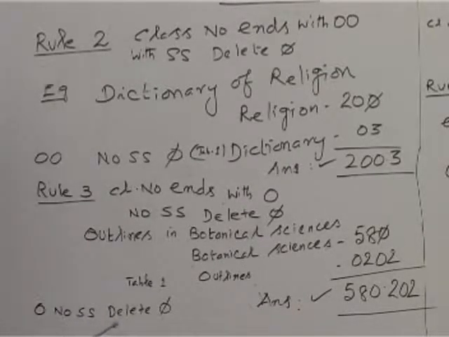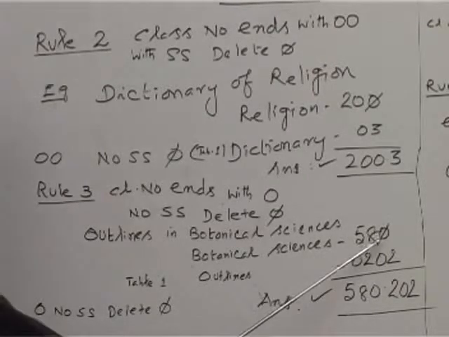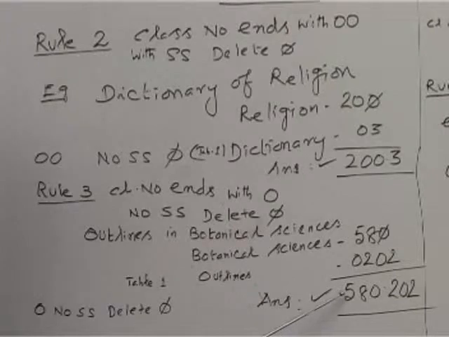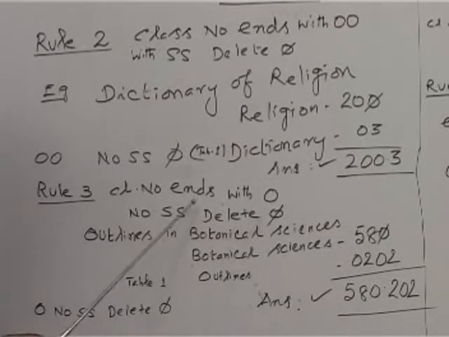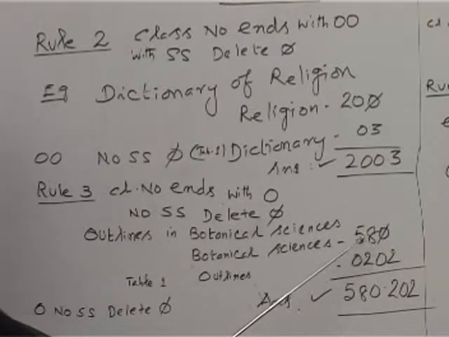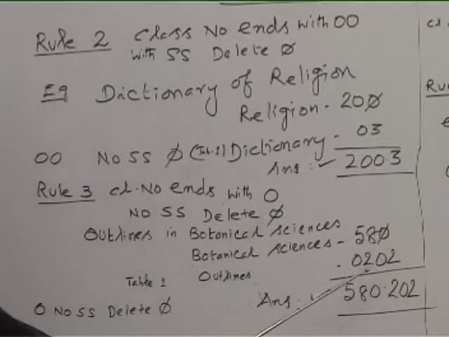Now you cannot find any SS instruction there under 580. That is why, the class number ends with 10, no SS instruction, delete 10. The final answer should be 580.202, because we have deleted 10 from the botanical sciences 58, then 0202 is the answer.